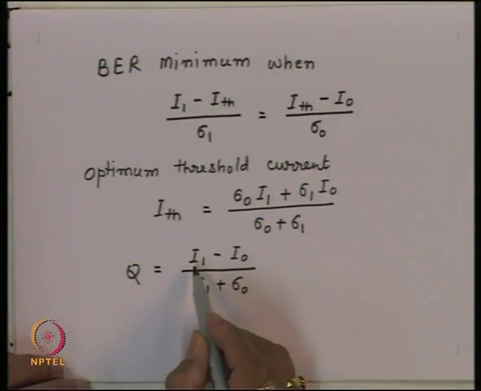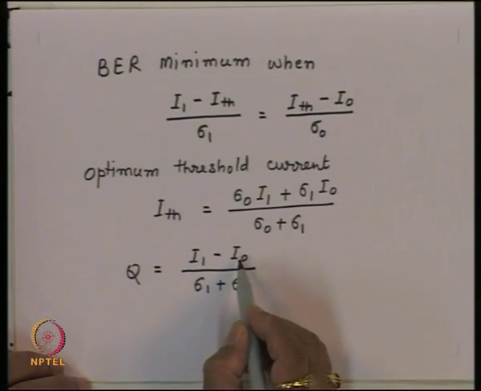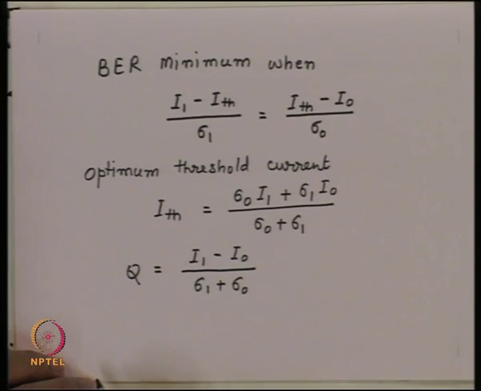So, we had defined a quantity called the Q of the data, which is defined by this, where I1 is the photocurrent corresponding to the level 1 of the data, I0 is the level 0 of the data, and sigma 1 and sigma 0 are the standard deviations of the noise when the level is 1 and when the level is 0.